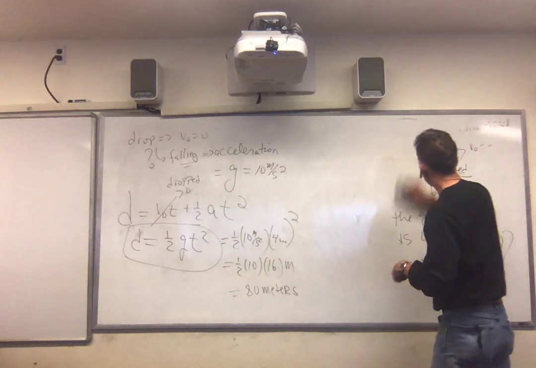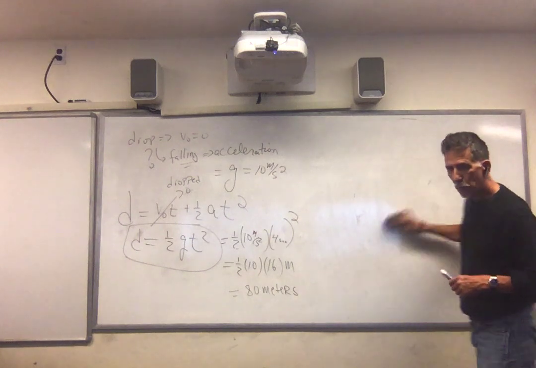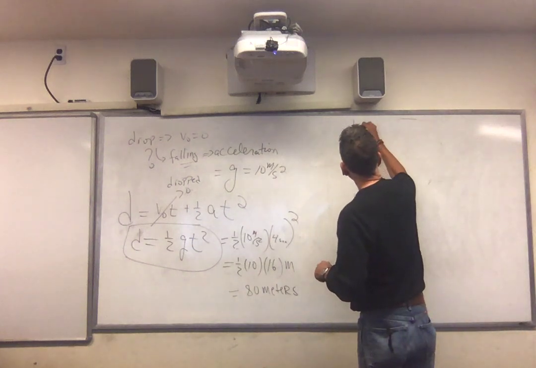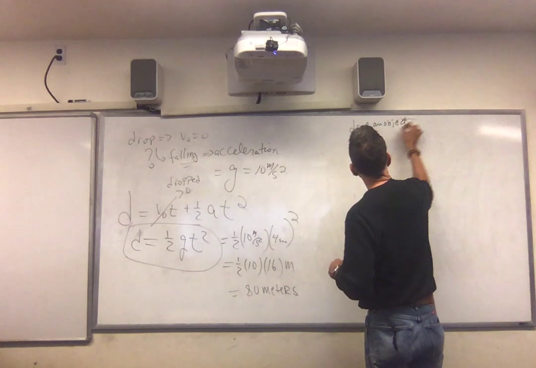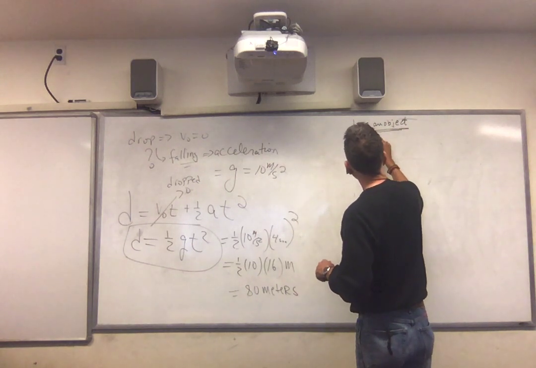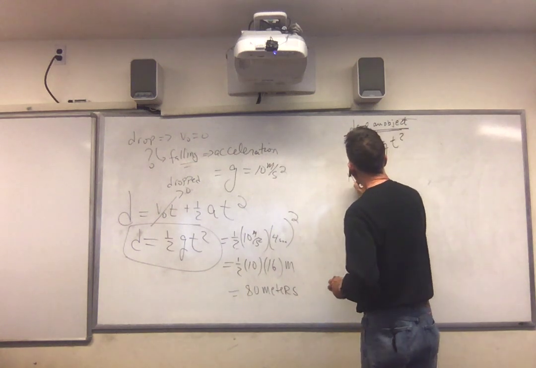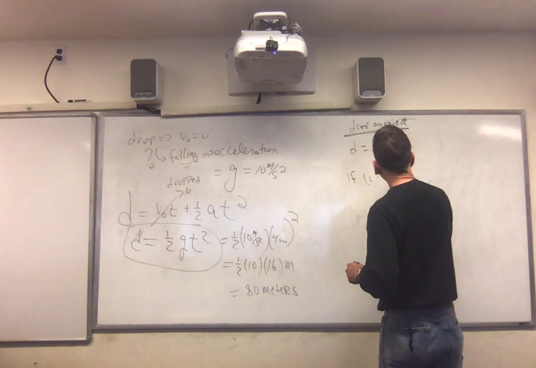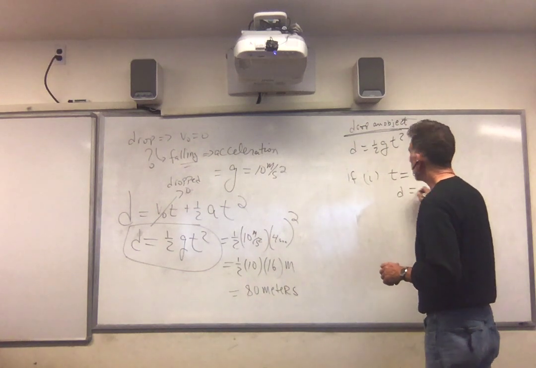All dropping. I want you to watch. So we're going to drop an object. If we drop an object, we know d is 1/2 gt squared. So if t equals 6 seconds, then d is equal to what?